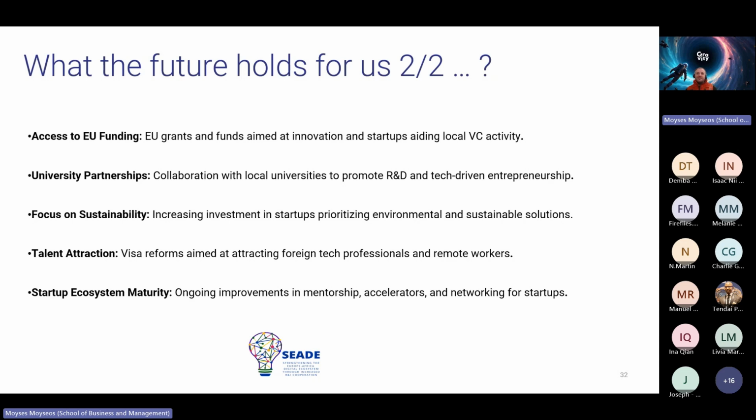The university partnerships, we always like to bring close academia, at least to get very good leads. The focus on sustainability, the talent attraction with some specific policies like startup visa reforms, and the startup ecosystem maturity, which is observable, an ongoing improvement in mentorship, accelerators, and networking for startups.